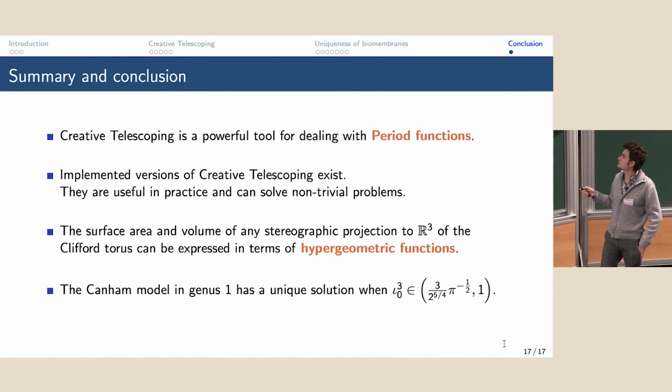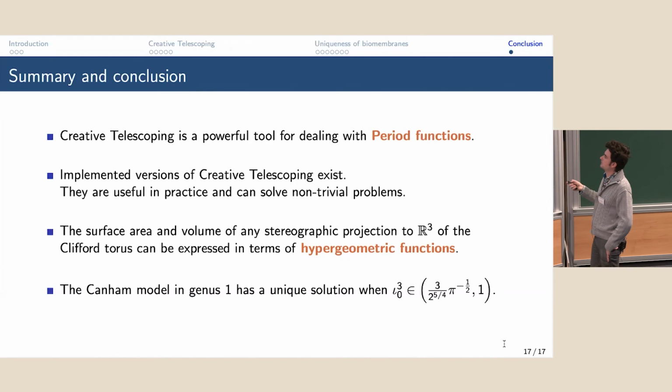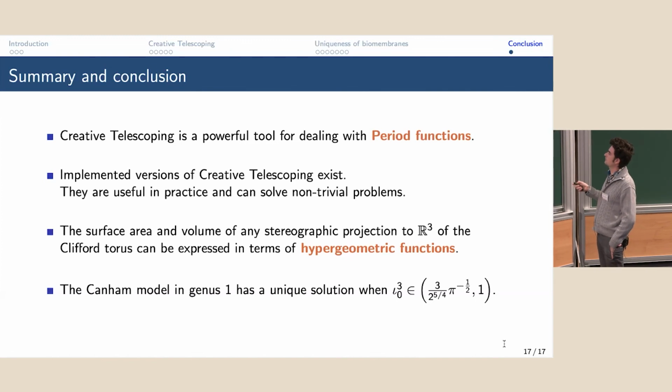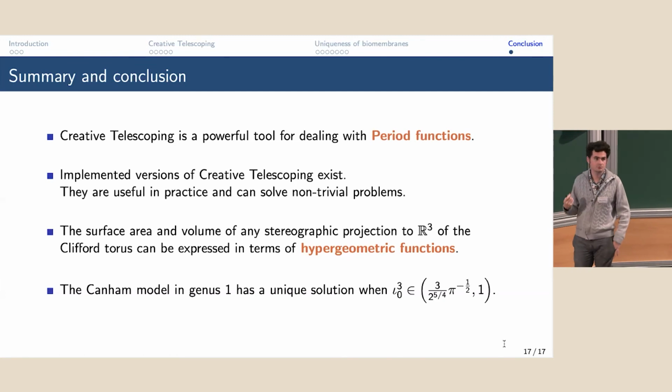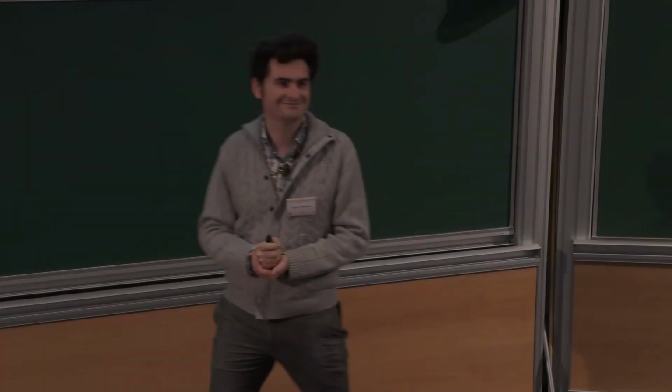That implemented versions really exist and are very useful in practice and can solve really non-trivial problems. And my other 2 messages were that the surface area and volume of any projection of the Clifford torus can be expressed in terms of hypergeometric functions, and that in genus 1, one gets indeed a unique solution because of this. Yes, thank you.